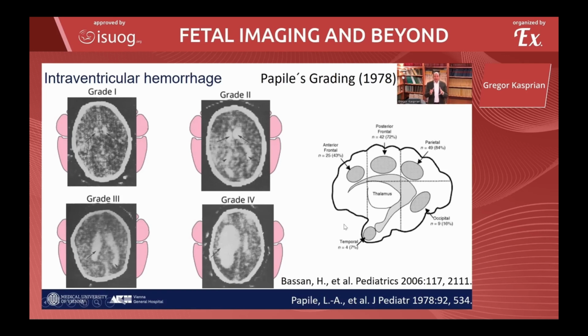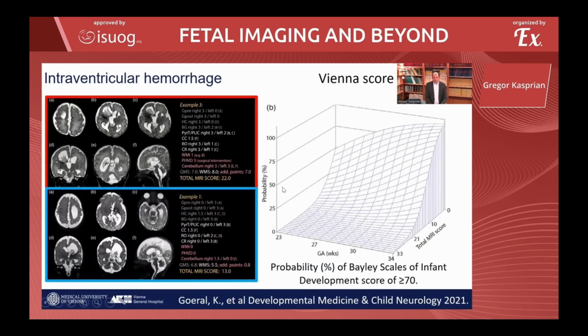Hampassan was updating this classification because he noticed that there are different regions in the brain which are affected, and wanted also to account for that, and used this classification distributing hemorrhages to the different regions of the brain, occipital, parietal, frontal, or temporal.